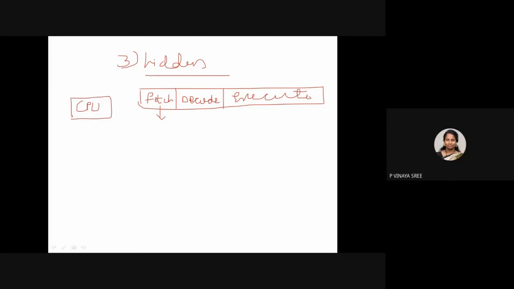In which phase does the processor require the bus? In the fetch phase, or in the decode phase, or in the execute phase? Decode, ma'am. So the bus, everyone knows, is a set of wires.